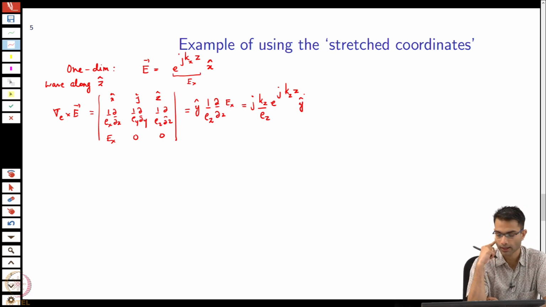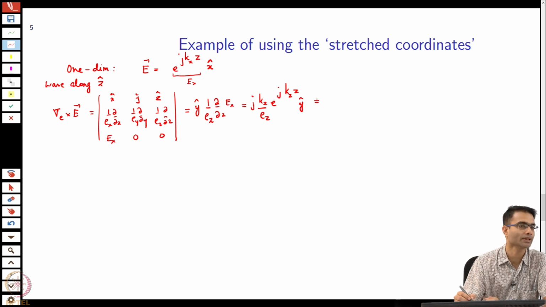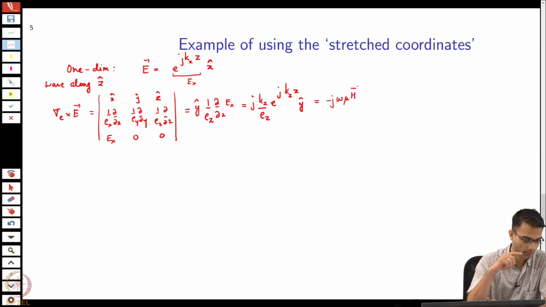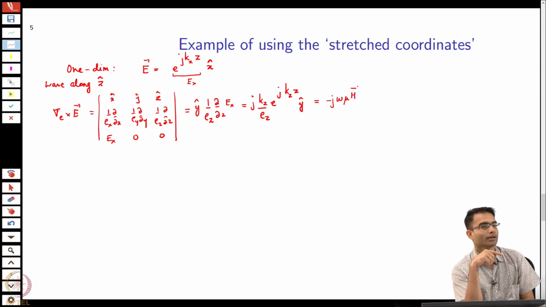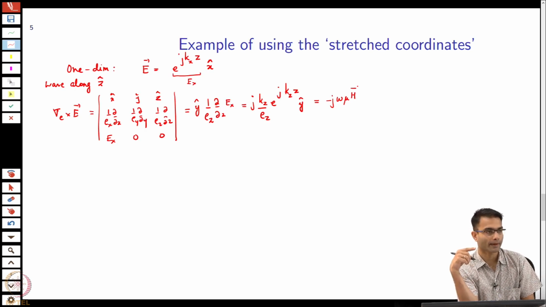Okay. And I know that this is going to be equal to, by Maxwell's equations, curl of E is equal to minus j omega mu h. So, as expected, electric field is along x hat, magnetic field is along y hat.